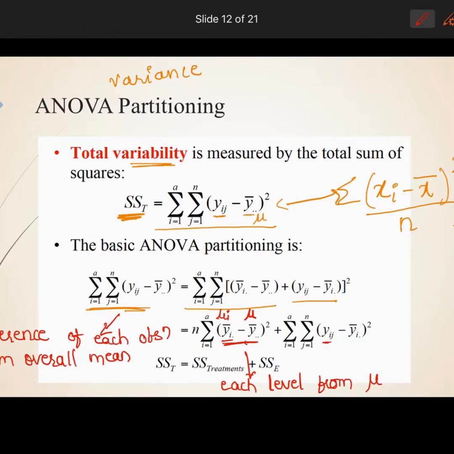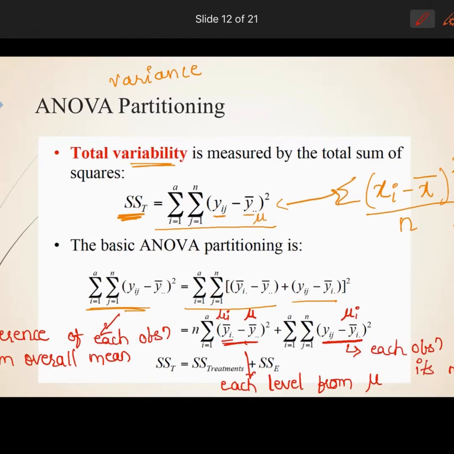Okay, and then here Yij was one single observation, and this measure is the difference of each observation from its mean, which would be mu i for us. So this is the difference of each observation from its mean.